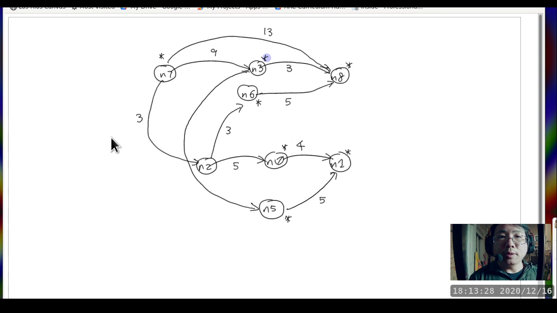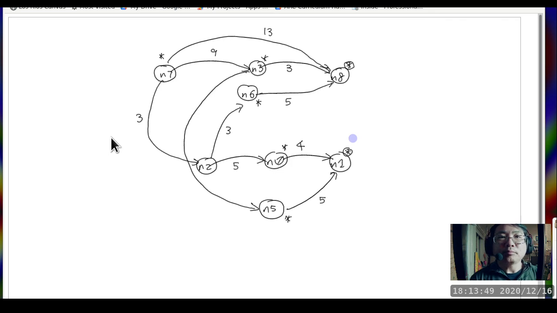And then now it gets tricky because now we have to actually prioritize based on the ones that have a star. In fact, I'm going to use a circle to mean these are taken out of queue. The ones with a star are in queue. The ones with a star and a circle are not in queue anymore. And then the ones without a star are also not in queue.